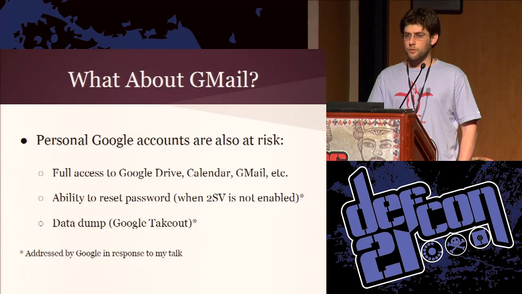Of course, that did not work with two-step verification because of the insistence on verifying a code that's sent to the phone. You could also do a Google data dump. So Google Takeout would allow you to download all of the contacts from the target account. You could also download the Drive documents, various other things. The ability to reset the passwords and the ability to get the Google data dump, as I've called it, these have actually been addressed successfully. I'll get into that a little bit later.